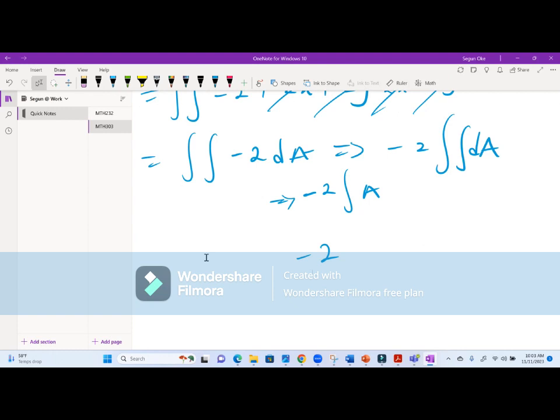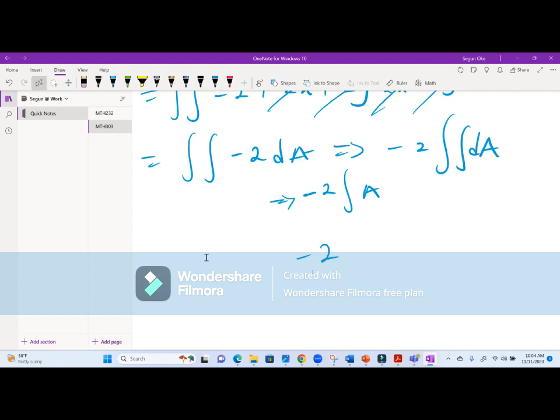So what will it be? Minus 2 dA. Minus 2. No, you can't be dA again. That's you going back to the integration. It's minus 2 integral.